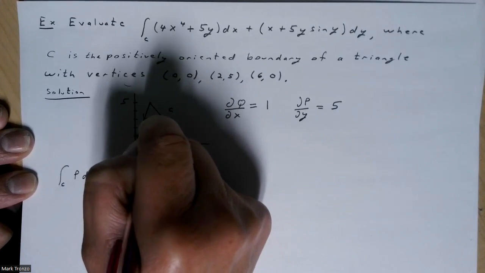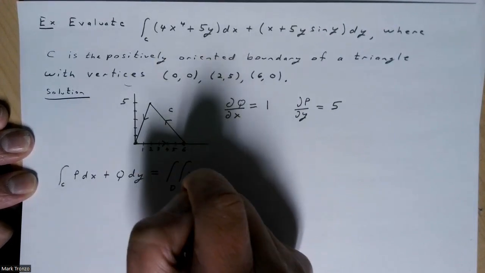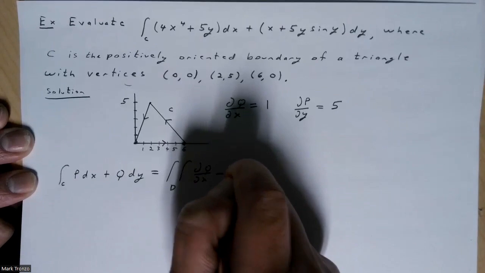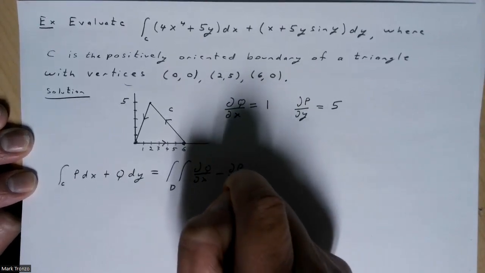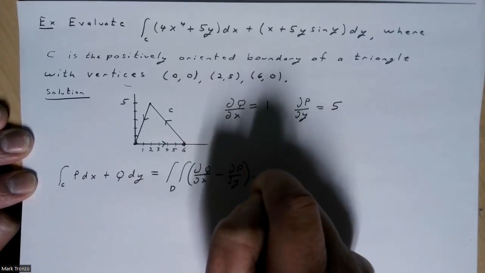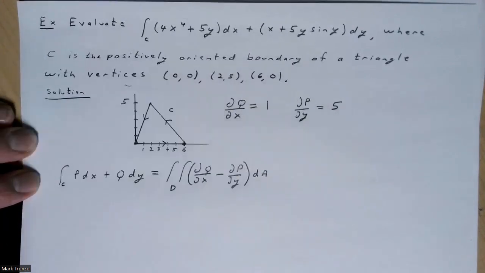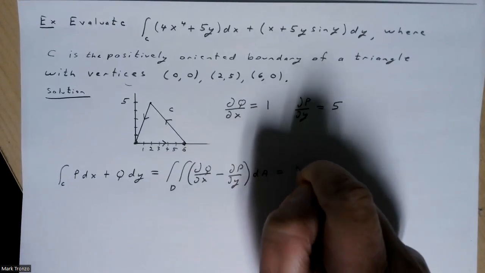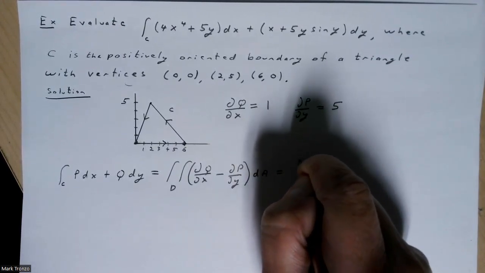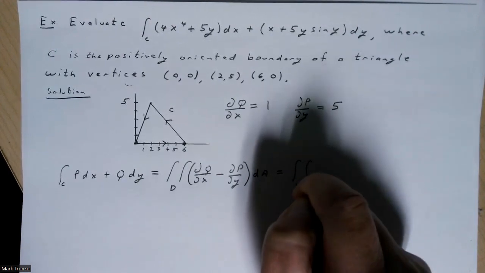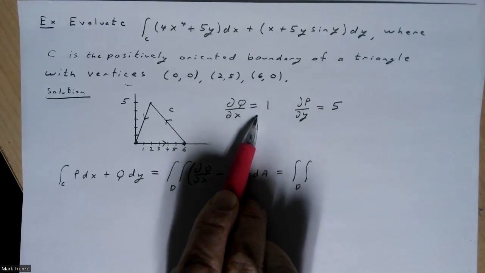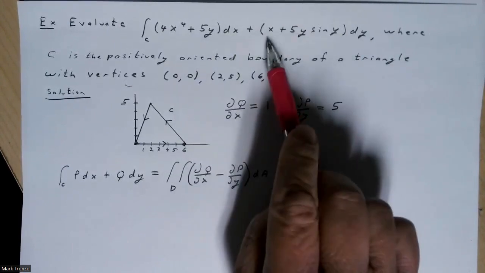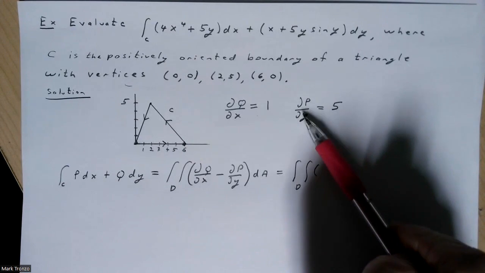And again, you remember your domain is in here, this region here, of dQ/dx minus dP/dy, like this. dQ/dx was 1, and then dP/dy was 5.